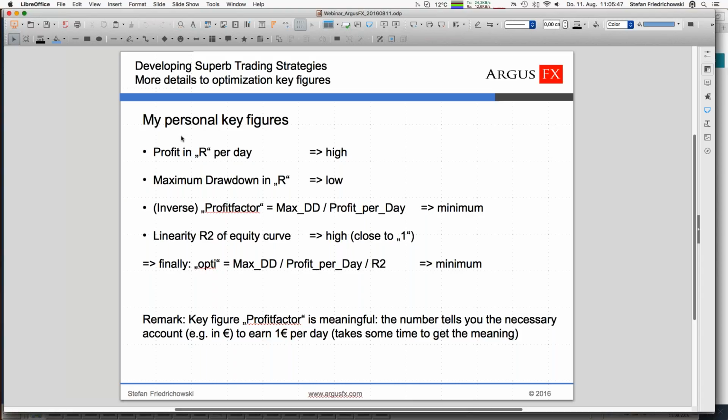Same approach I do here, a little bit more or less, but it's only in total 3 numbers I take into account whenever I talk about trading strategies. The first one is quite easy. That is the profit per day, or so to speak, the slope of the equity curve.